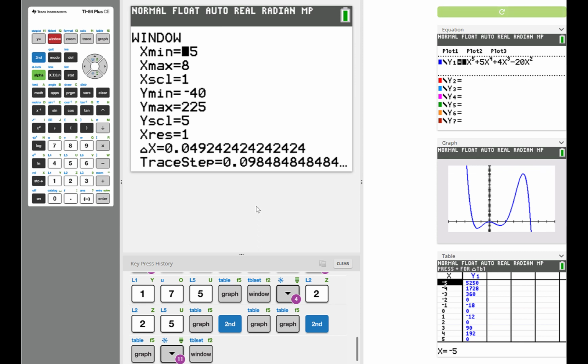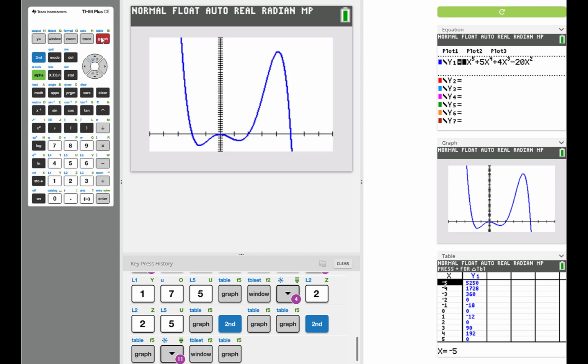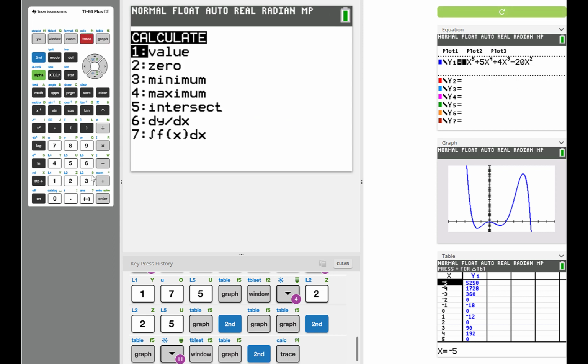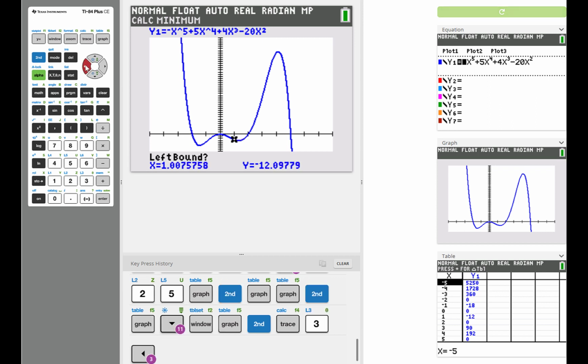Now, I also want to calculate the minimums and the maximums here. So I want to find basically the turning points. I know it didn't ask for this on the problem, but I'm going to calculate the minimum.